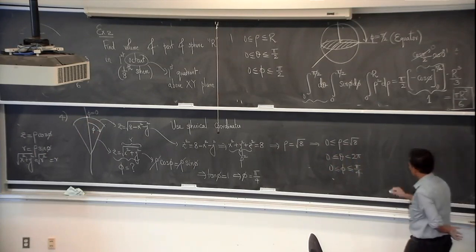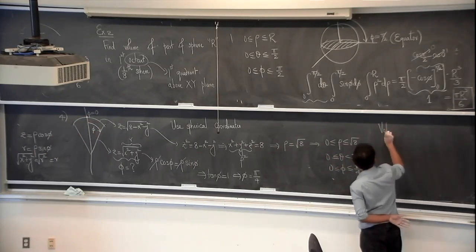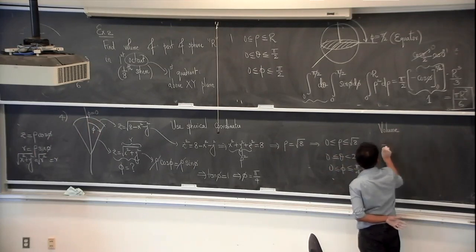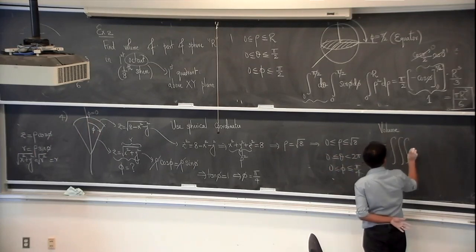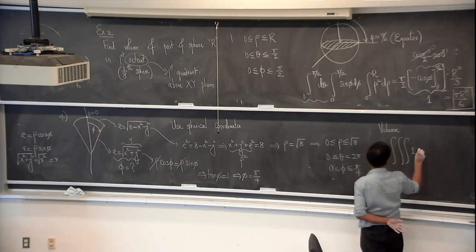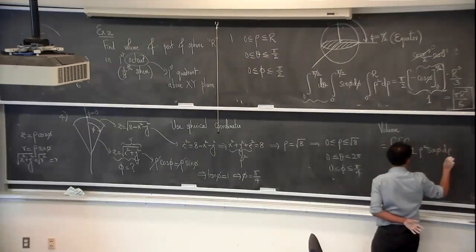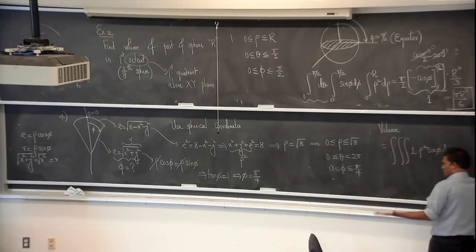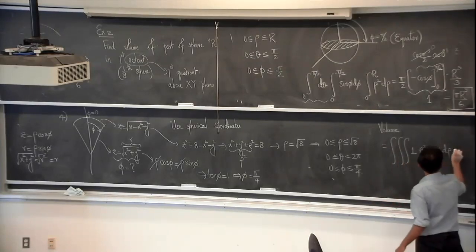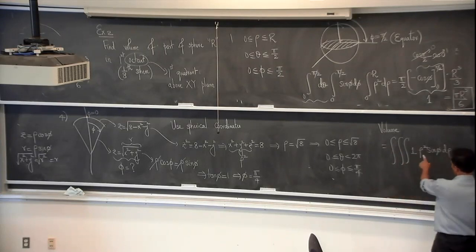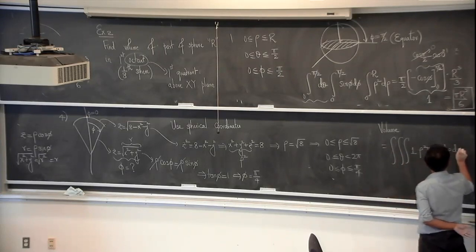All right, so now we have the volume equal to the triple integral of 1 dV, which is rho square sine phi. You don't have to memorize this, just look into your notes or formula sheet, whatever you have. Make sure that it is written correctly. It's rho square sine phi, not theta. d rho d phi d theta.